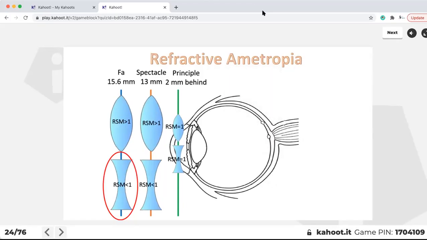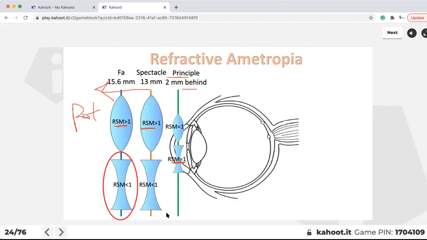Let me just annotate. So the more we get away from the principal plane, the more magnification we get for plus lenses. This is for refractive hyperopia, for hypermetropia. But what happens with the minus lens or refractive myopia? It is the reverse, meaning that the relative spectacle magnification, if the lens is placed at the principal point or the principal plane, is 1.